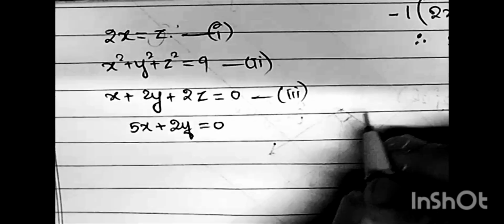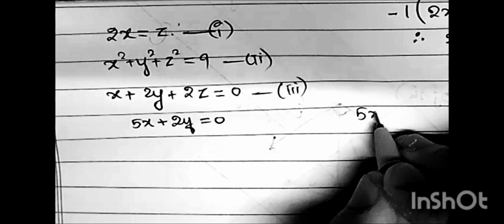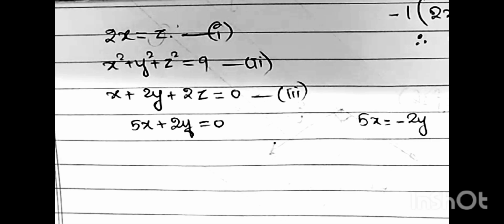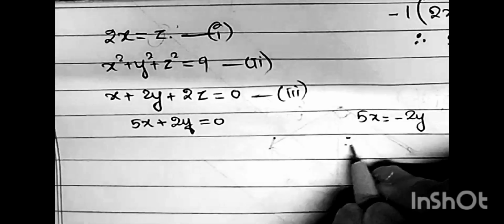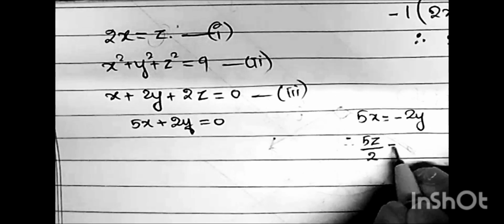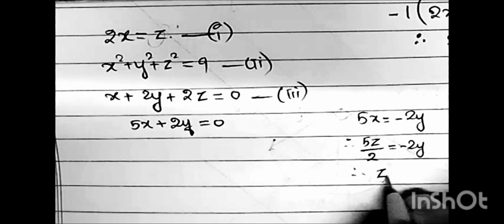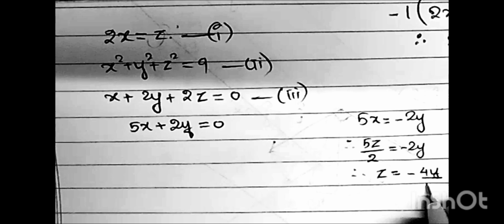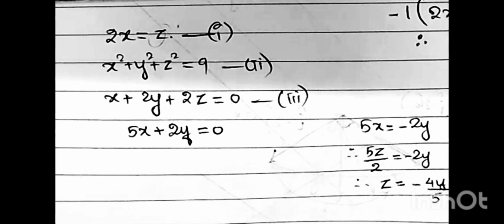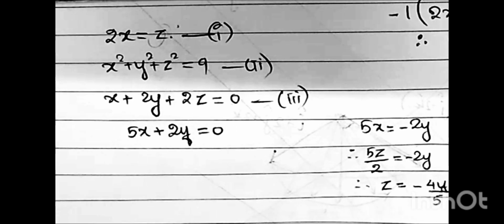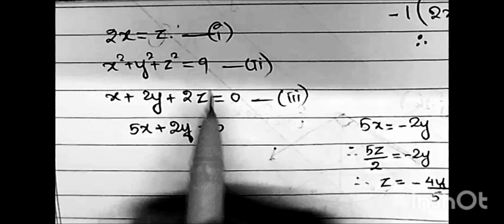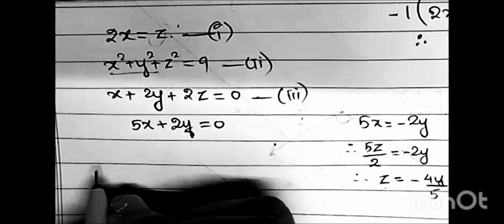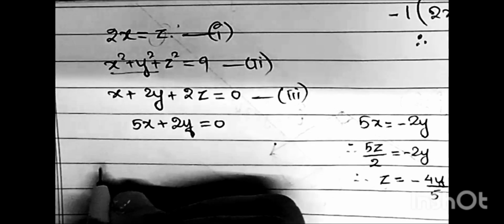This gives us that 5x is equal to minus 2y, and that is z is equal to minus 4y by 5. So we are going to put each of z, x and y in a single variable, and we're going to put that in this equation. Let's use x, that will be better, I believe.